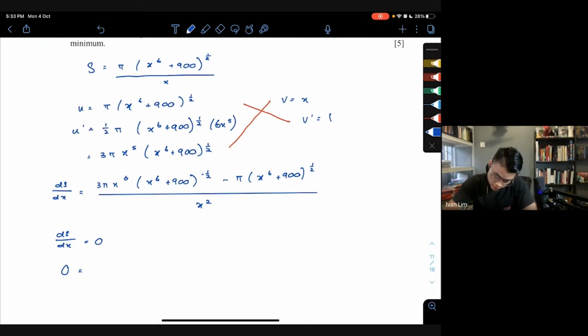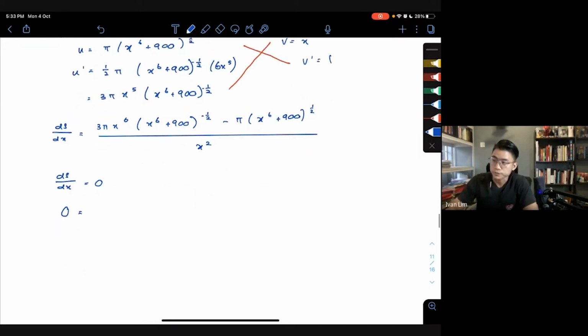Here. Wait, I wrote wrongly here. Let's differentiate it. Okay, so 3 pi, let's see, what can we write? Okay, I think there's probably a shorter way. Let me think. This was what I did immediately just now. Okay, never mind.